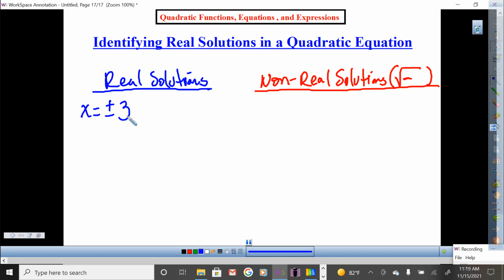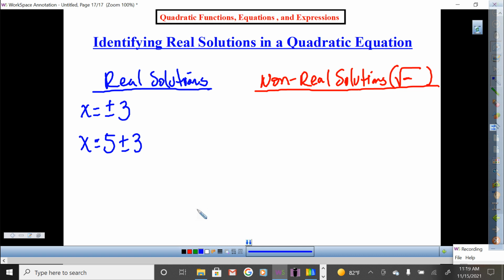Tell your neighbor the two solutions for that one. Yeah, positive 3 and negative 3, and they're both what kind of numbers? Real numbers. Yes, okay. Next, x equals, how about 5 plus minus 3?